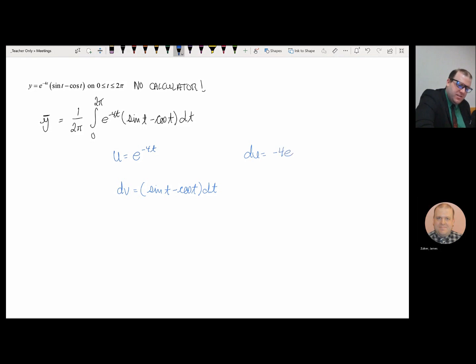du is negative 4e to the negative 4t, and then v, of course, would be negative cosine t minus sine t. Of course, there should be a dt attached to that du.